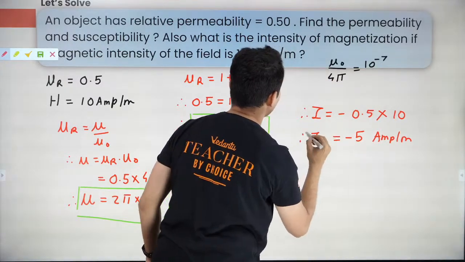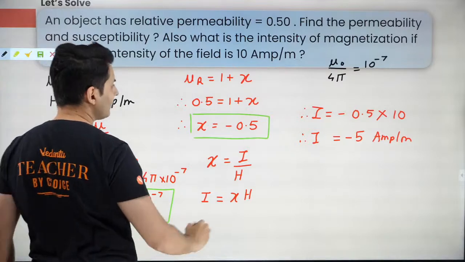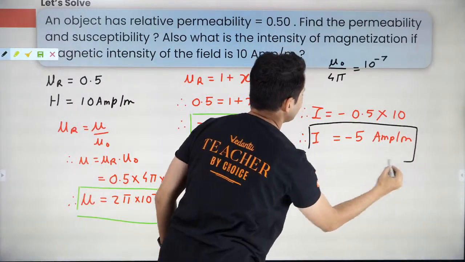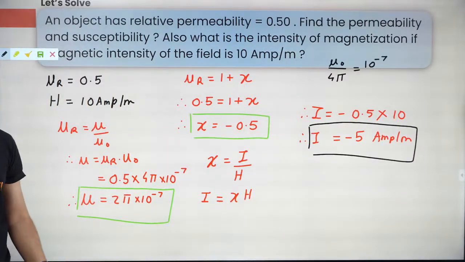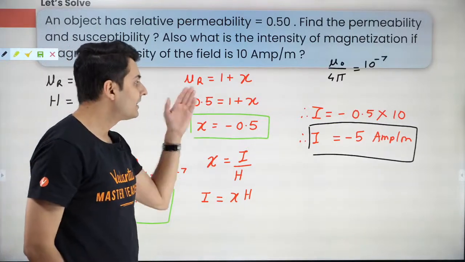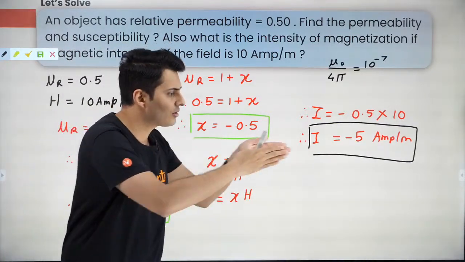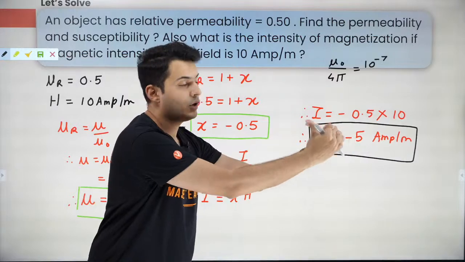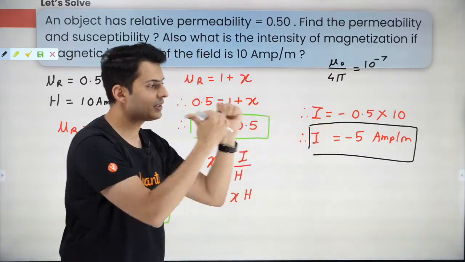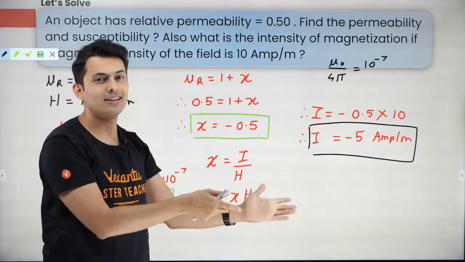Now, if the value of I is negative, what does it mean? If the value of I is negative, what does it mean, guys? It just means that if the external field is towards here, the intensity of magnetization or the induced field is in the opposite direction. So it's not in the same direction.